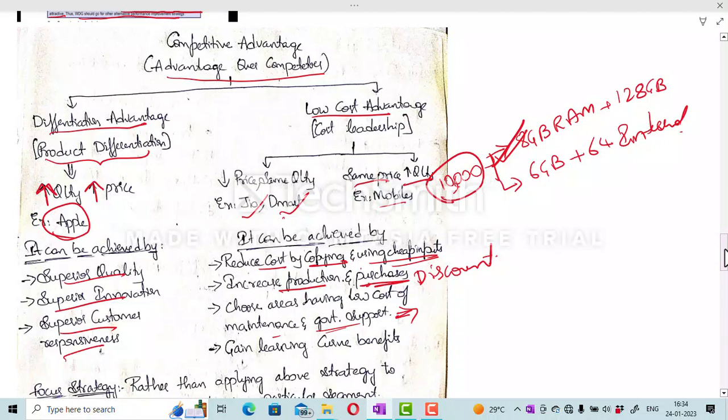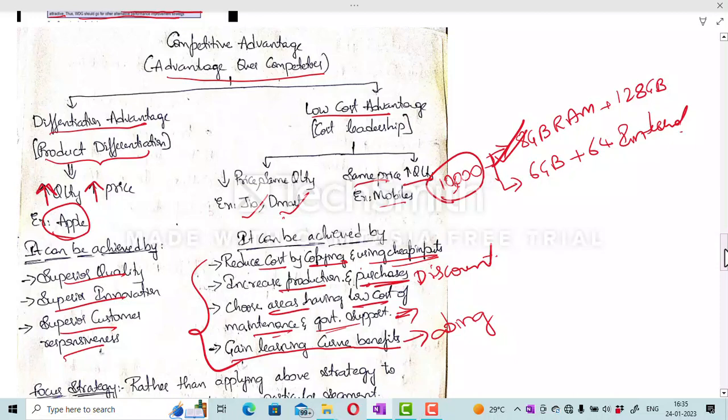So it is better to choose the area which has low cost of maintenance and gain learning curve benefits. What is learning curve benefits? Doing the same thing for a longer period will gain experience and will take less time to do the next time. So with all these benefits or following this process, you can achieve the low cost advantage.